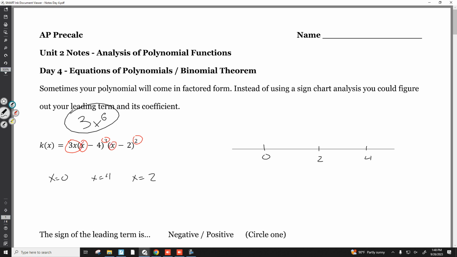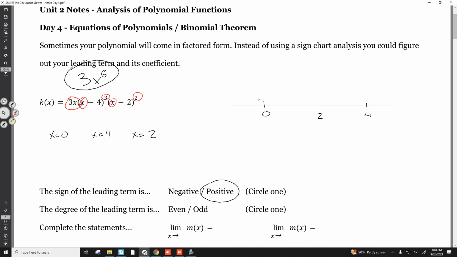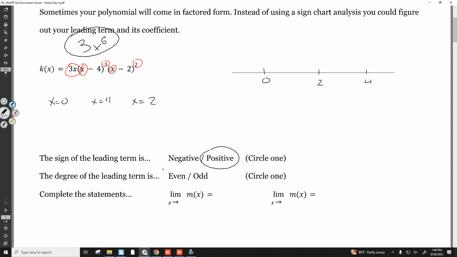This is a positive, even polynomial whose end behavior is up and up. You have another idea of how to fill out maybe some sign charts. If you got to be up and up, you're going to be positive and positive over here, don't they? Redundancy, another way to double check things so that we always will get the right answer.